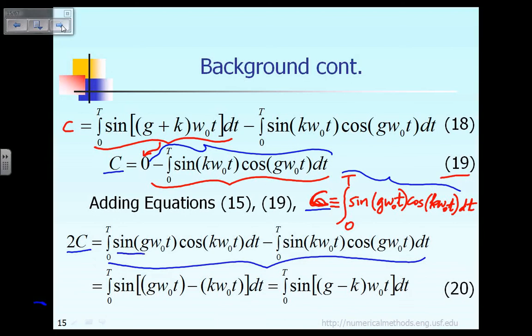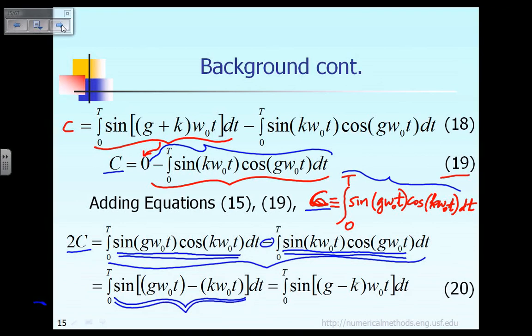Sine of g omega naught t cos k omega naught t minus sine of k omega naught t cos g omega naught t is the same thing as sine of the summation of the two angles, based on the high school formula that I told you about one or two slides ago. So the function inside the integral from 0 to t, this term combined with this term right here, is exactly equal to this term.